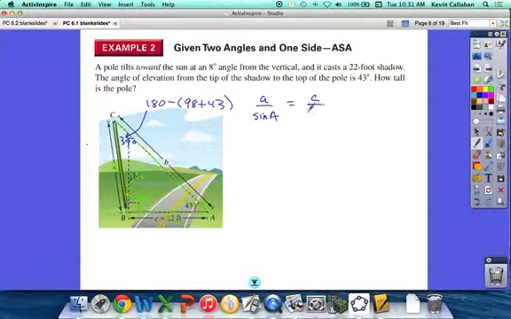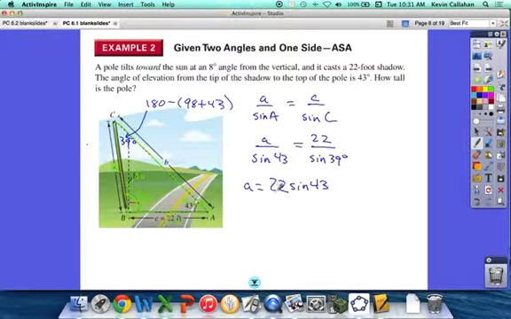C over the sine of C. So that's A over the sine of 43 degrees equals 22 over the sine of 39. Solve for A. 23.8.